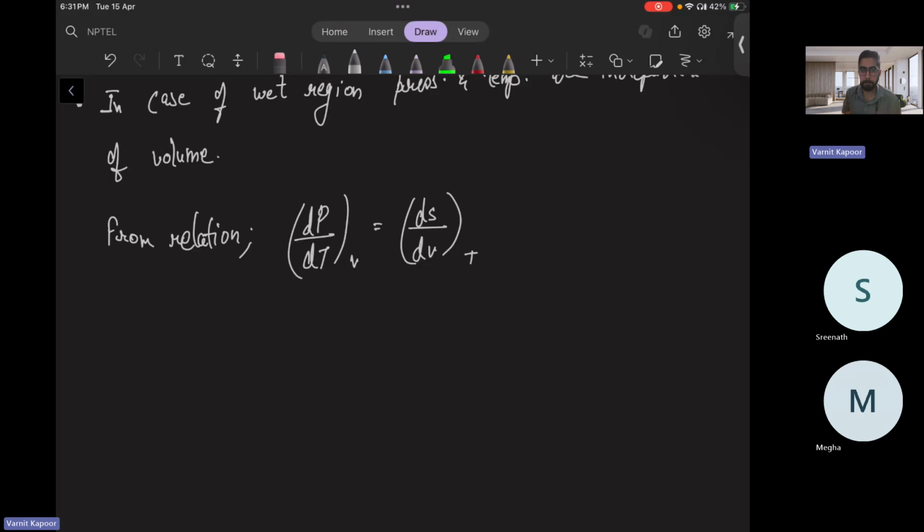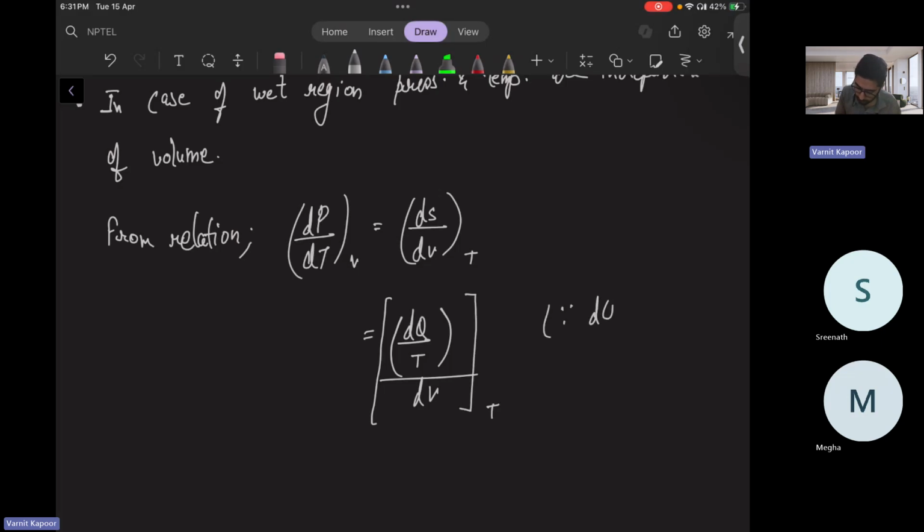So what can you write? Entropy can be written as dQ by T, that of dV at T, since you know that dQ is equal to TdS.